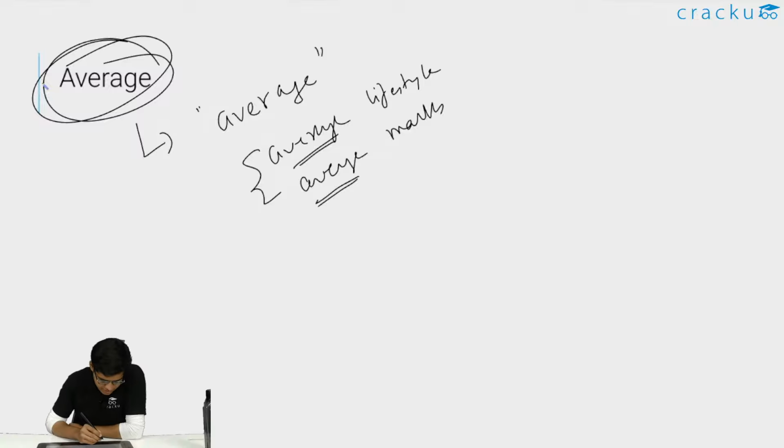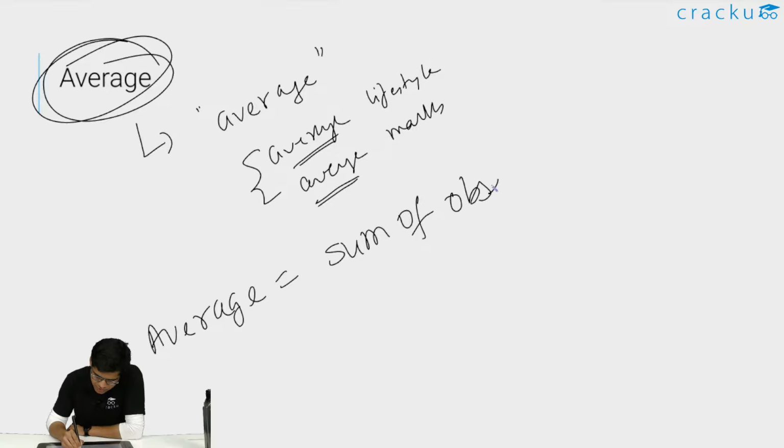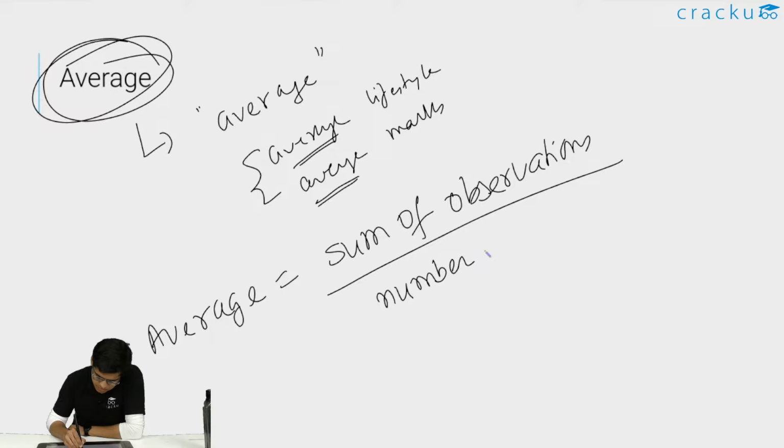In mathematics, the actual definition of average is sum of observations upon number of observations.